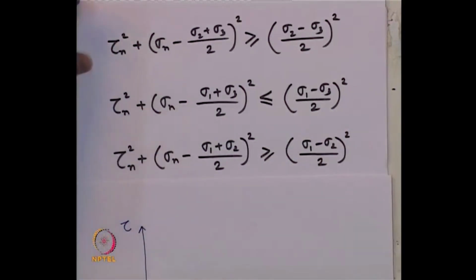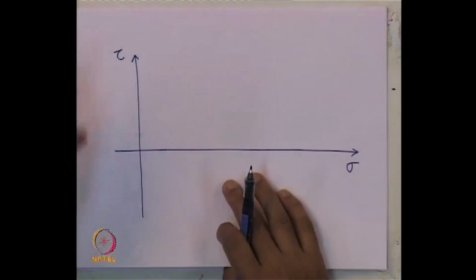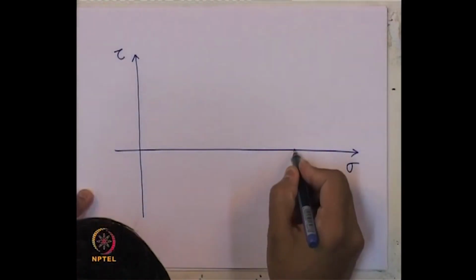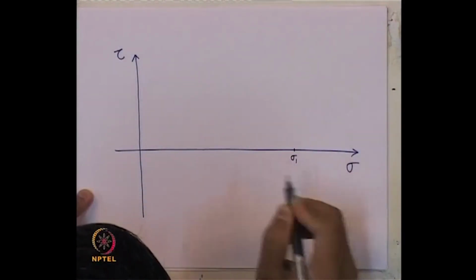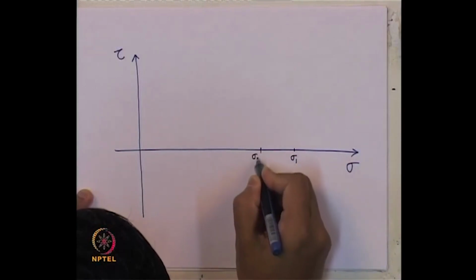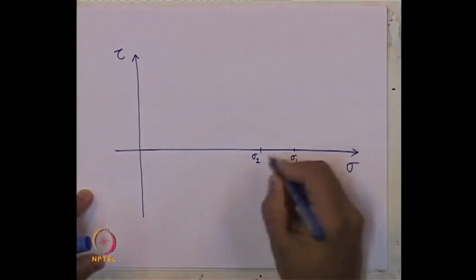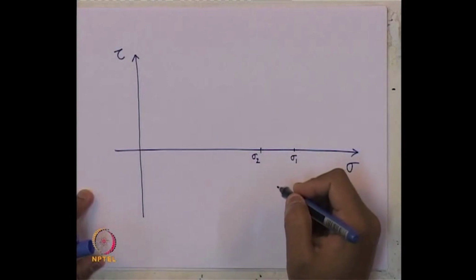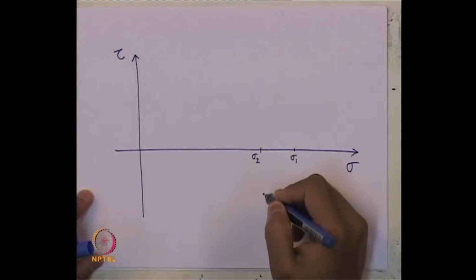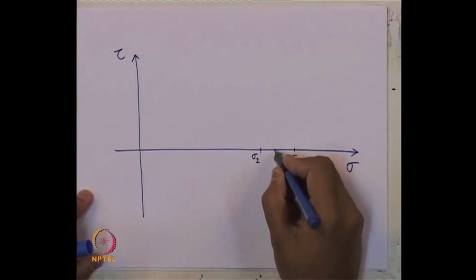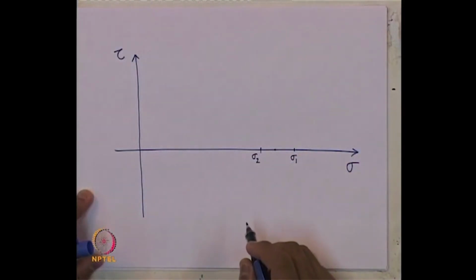That is the condition we have taken. So, let us plot those principal stresses. Say this is our sigma 1, this is sigma 2. So, with these two principal stresses, we can draw a Mohr circle with the center of the circle at sigma 1 plus sigma 2 by 2.